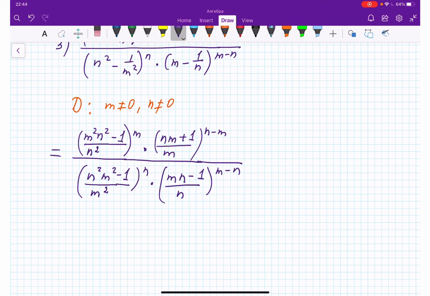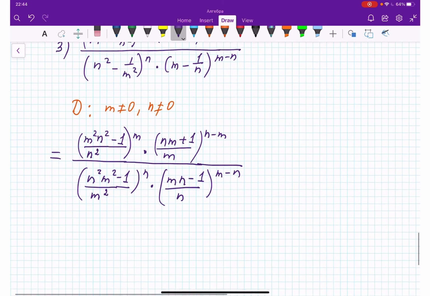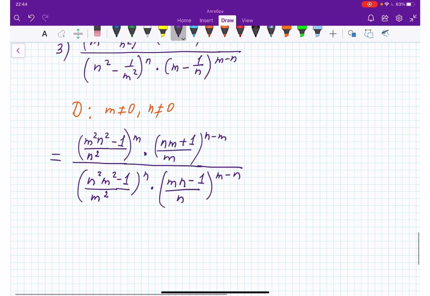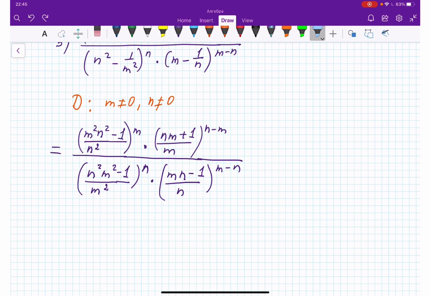Okay, so what we are going to do next, distributing this power, every single power that they have here, this one, this one, this one, this one, because for now there is nothing else I can do, so I just keep simplifying, working with exponents. We'll see where it will bring us.